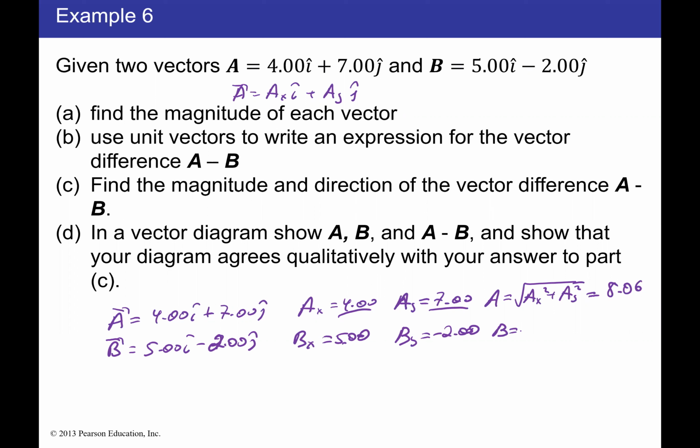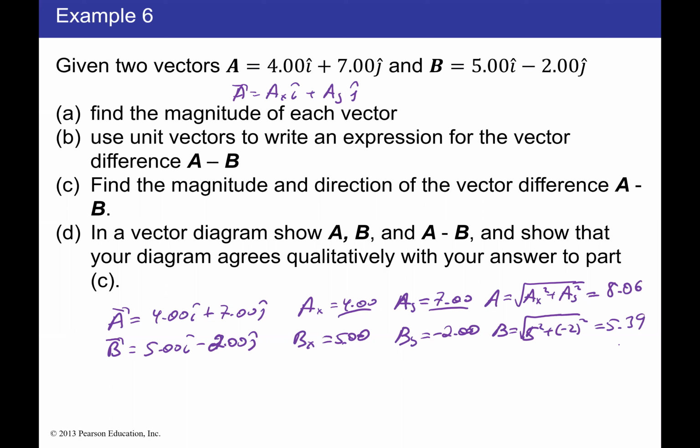If I'm finding the magnitude of B, it will be the square root of 5 squared plus negative 2 squared, and that will give me 5.39 for the magnitude of B. So that's what we have.